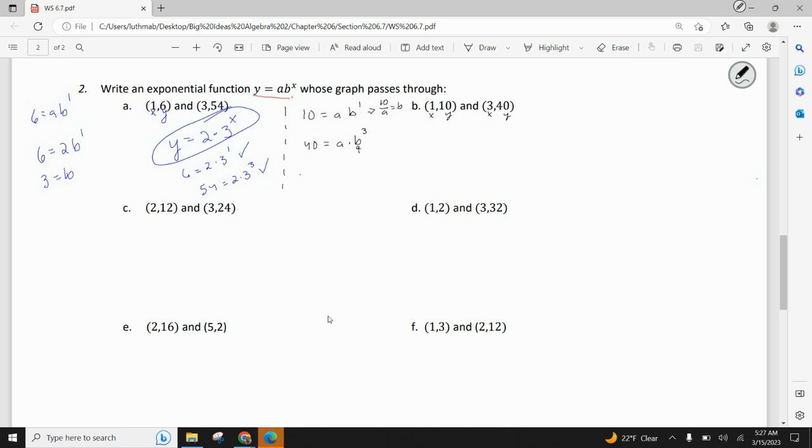I'll sub in right here. 40 equals a times 10 over a to the third. 40 equals a times 1,000 over a cubed. Simplify a little bit, and I'll be at 40 equals 1,000 over a squared. Multiply the a squared back over. Take 1,000 divided by 40.